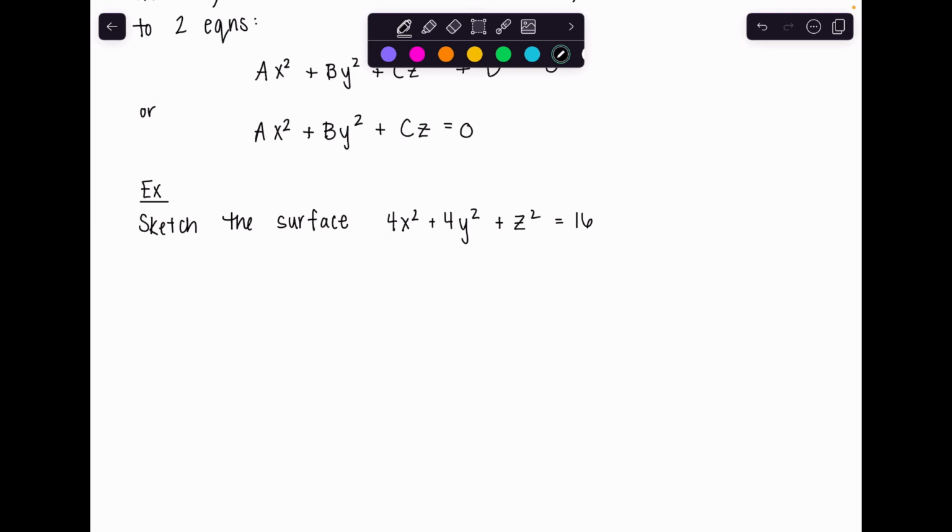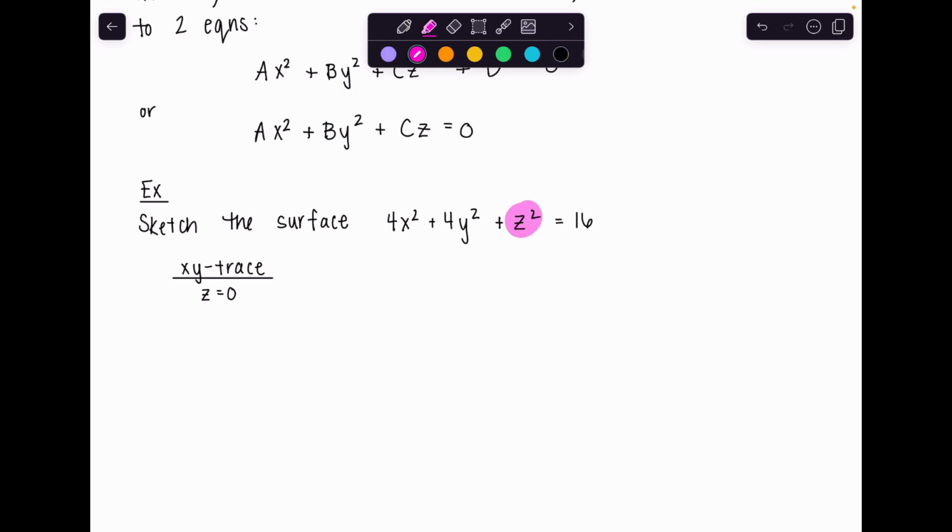So before I even start trying to sketch these things, I want to figure out the traces in all of my different coordinate planes. So I'm going to start by seeing what is the xy trace. And so what that means here is if I'm in the xy plane, remember your z is going to equal 0.